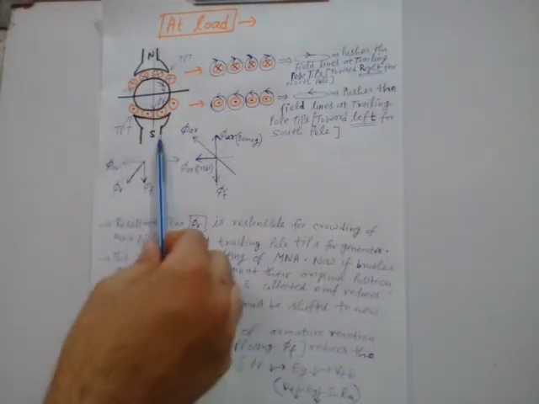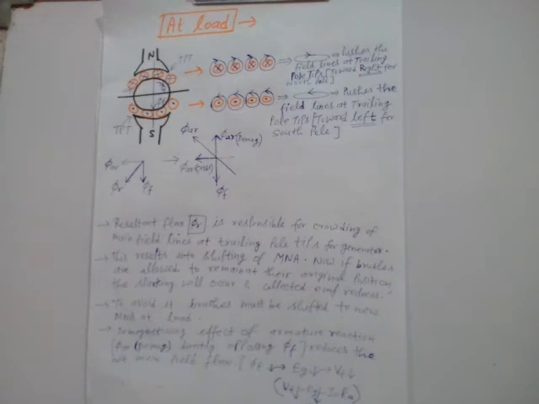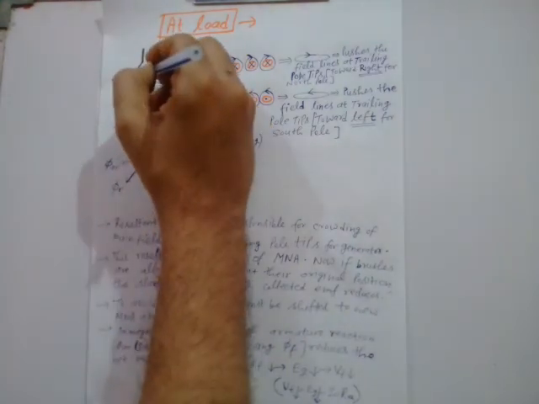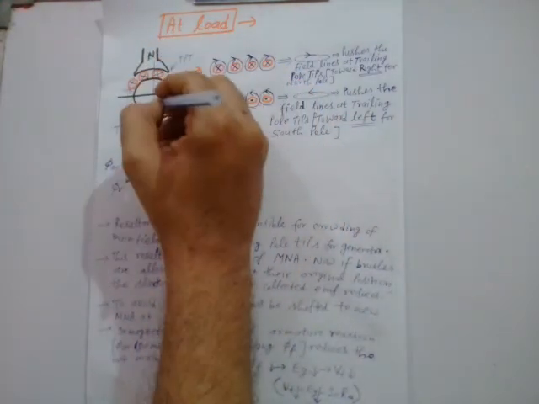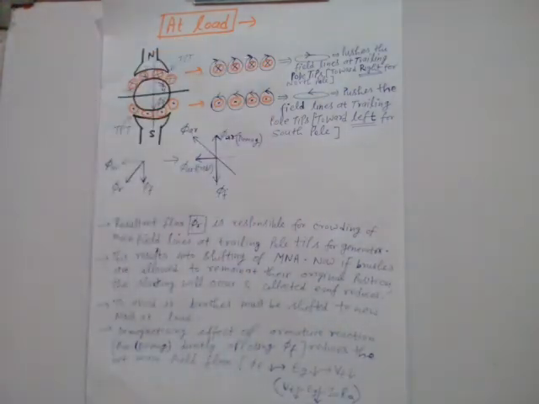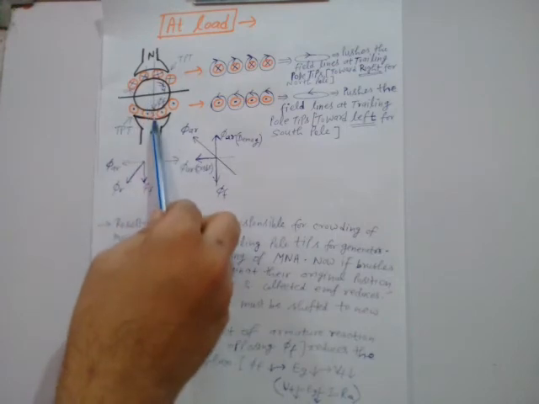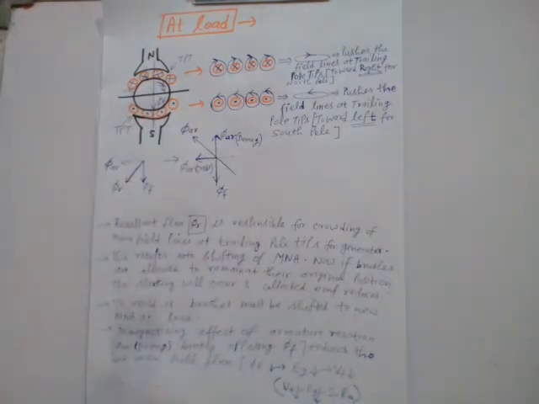So what is armature reaction? Armature reaction is basically the effect of armature MMF on this main field flux, right? Due to the effect of armature flux on the main field flux, this whole phenomenon is happening.